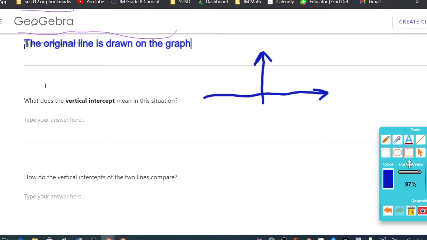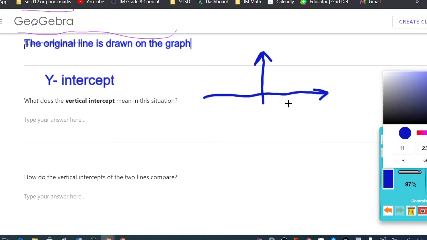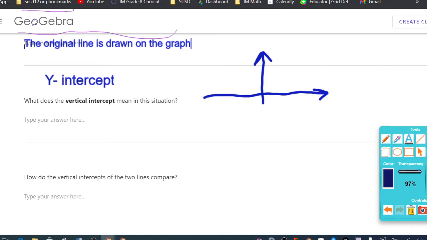The vertical intercept is the y-intercept, and that means where our graph crosses the y-axis. Let me just draw that on my little picture here, like that. Vertical intercept, or y-intercept. So what does that mean in this situation?